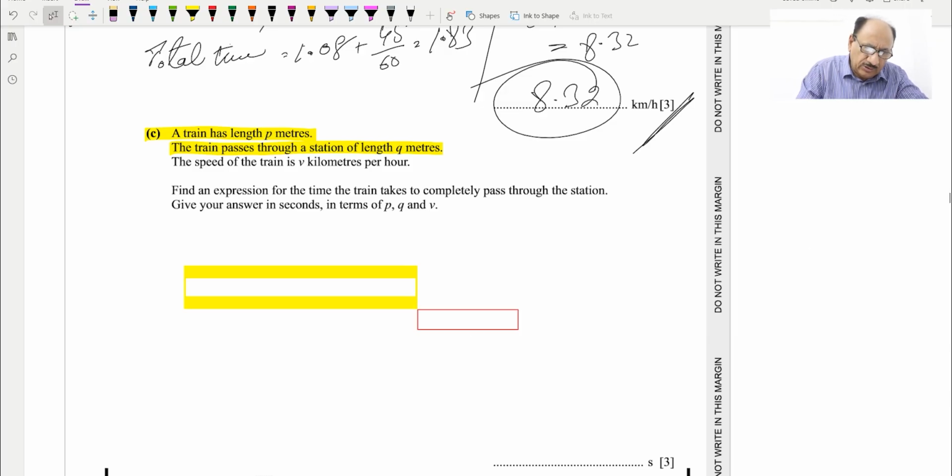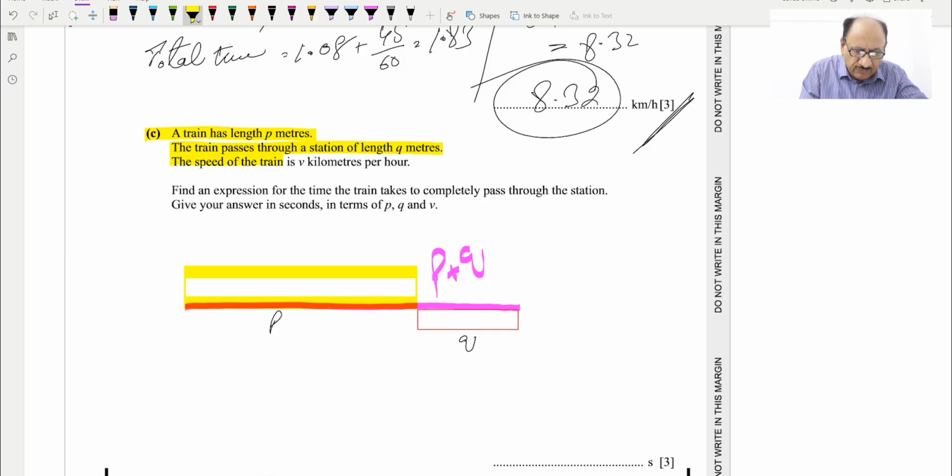So this one is p and this one is q, and the total distance will be from here till here. So this total distance will be p plus q.